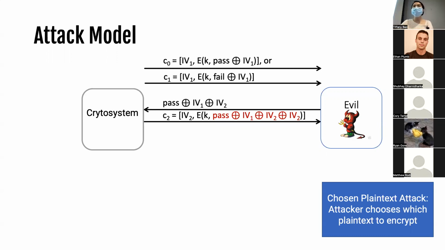Because Evil keeps knowing the predictable next initial vector, he can keep using IV2, IV3, IV4, etc. to keep encrypting all the possible messages. The crypto system will send back those encrypted messages, and again he compares them with the previous encrypted message and gets the right plaintext.